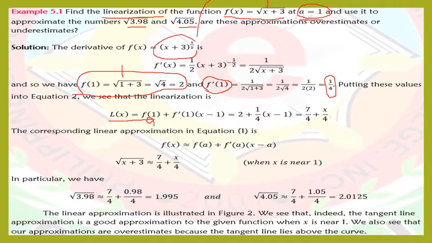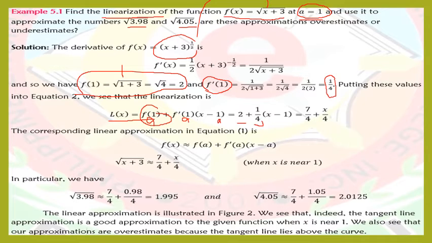And then, plus f prime of a or f prime of 1 times x minus 1 or x minus a, kasi ang given na a is equal to 1. So, ang value na nakuha natin sa f of 1 sa pag-substitute sa original na function is 2. So, that's why 2 ito. And then, yung value ni f prime of 1 after natin i-substitute sa na-differentiate na function, ang nakuha na result is 1/4. So, that's why 1/4.